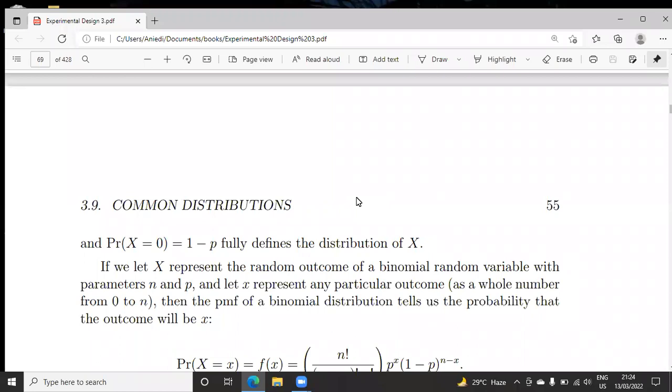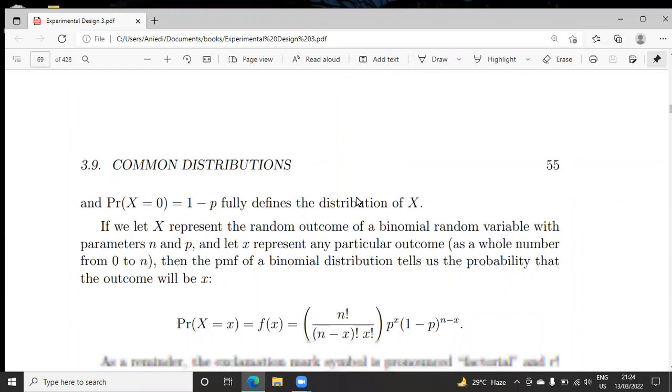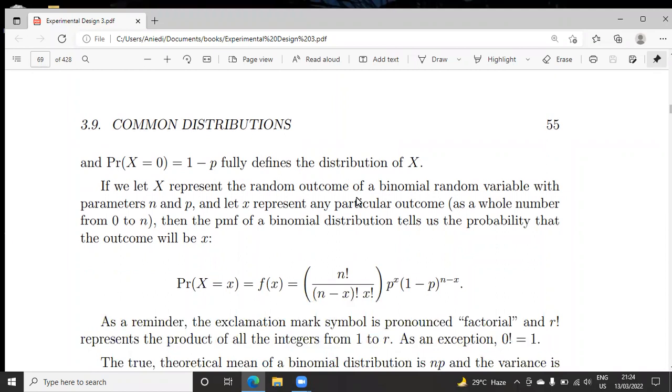If we let X represent the random outcome of a binomial random variable with parameters n and p, and let x represent any particular outcome as a whole number from 0 to n, then the probability mass function of a binomial distribution tells us the probability that the outcome will be x.